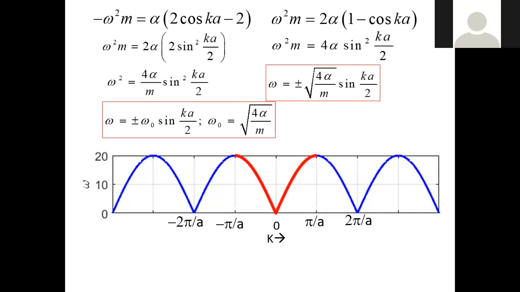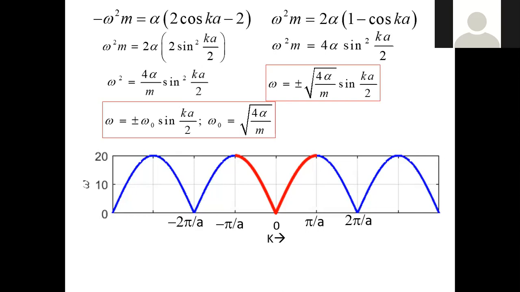At wave vector k equal to 0, that means in the symmetry direction there, the frequency is 0. There is no frequency, that means there is no wave in this direction.